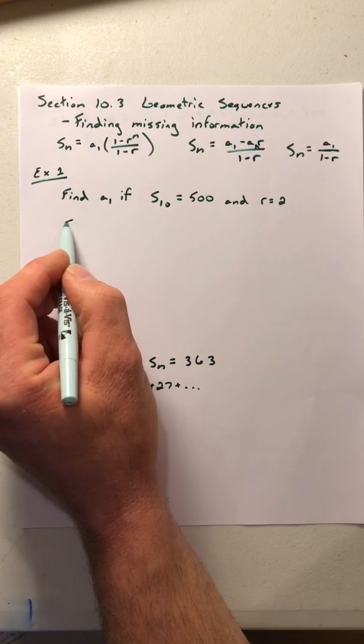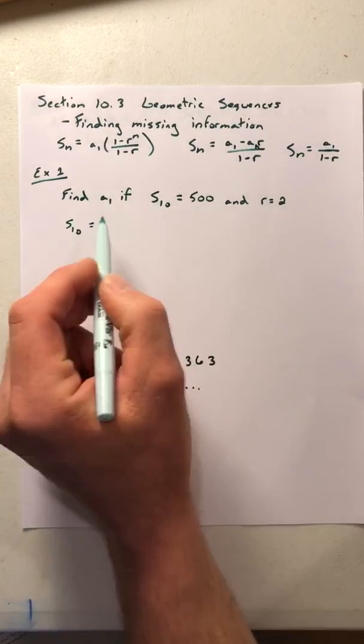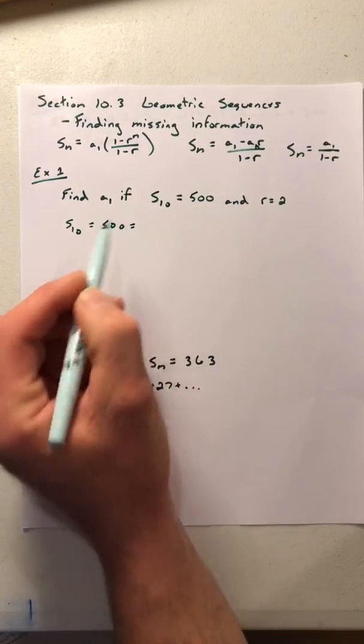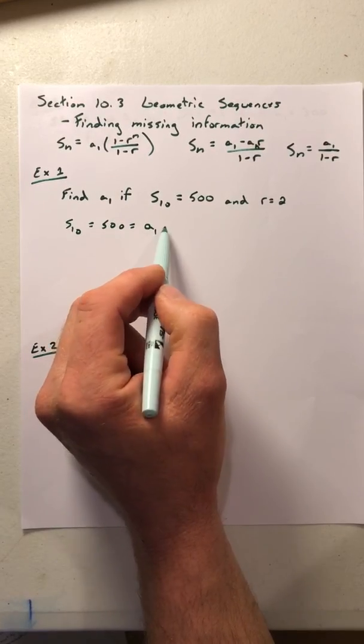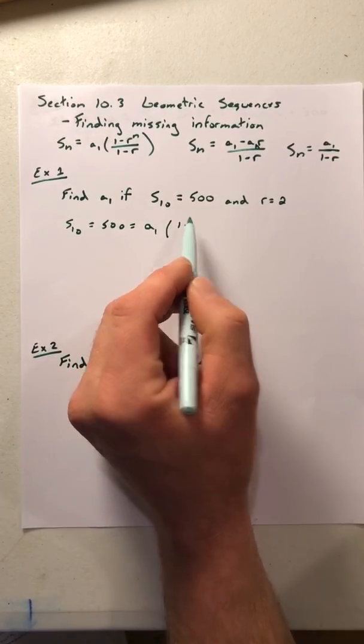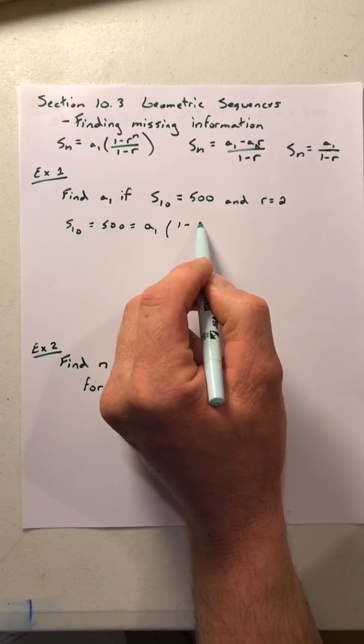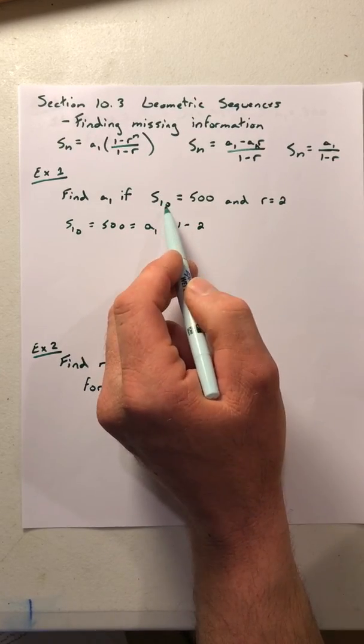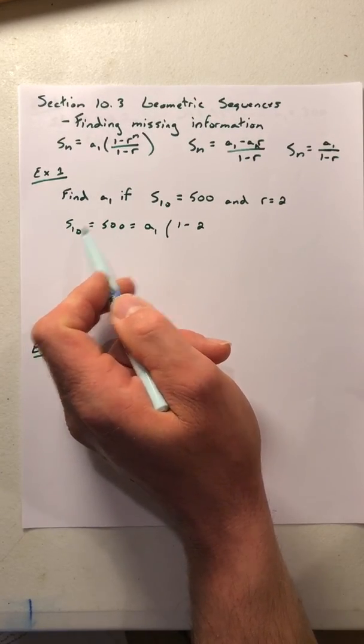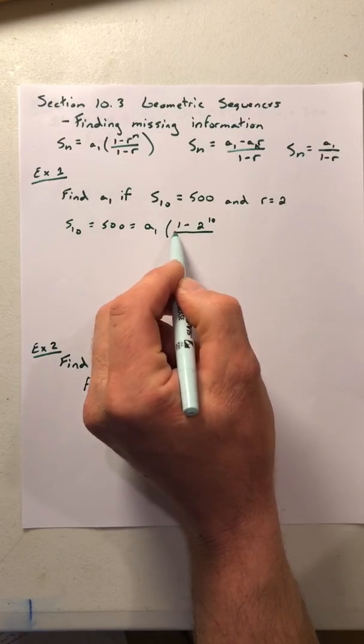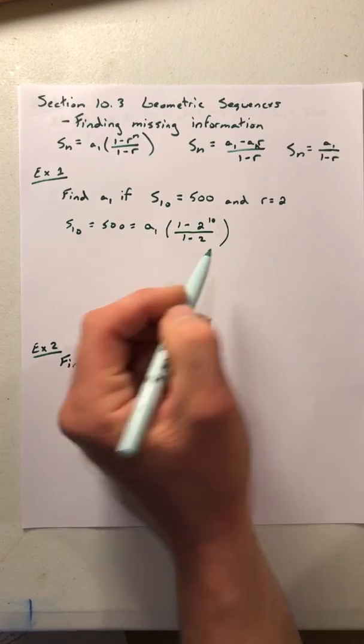So I know my 10th term, which is 500, is going to equal that first term times 1 minus r. My common ratio is 2, and the number of terms is 10, over 1 minus 2.